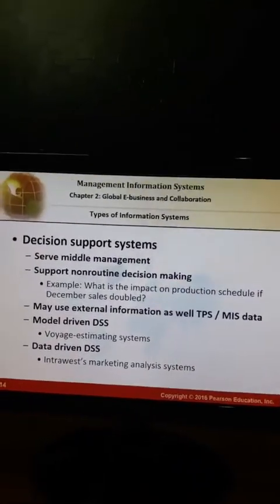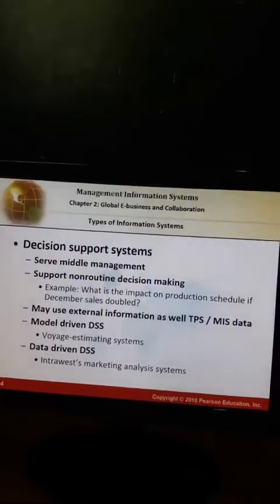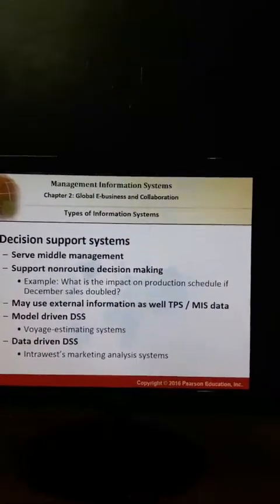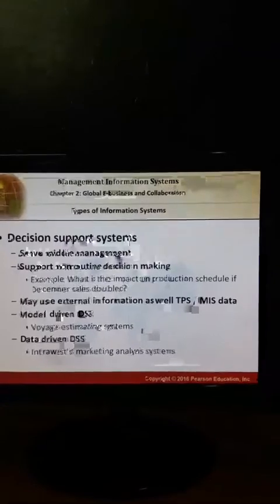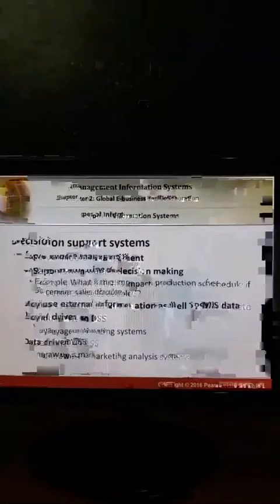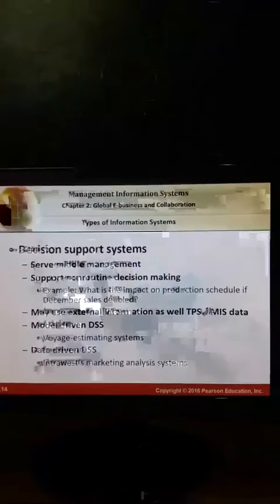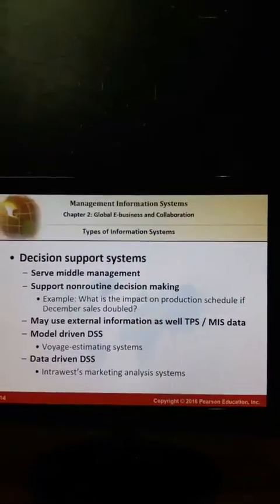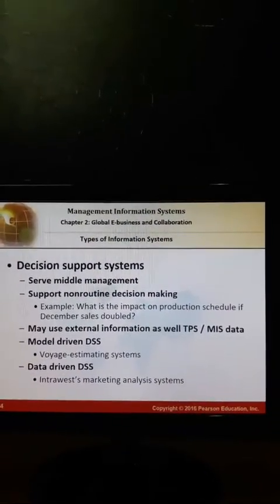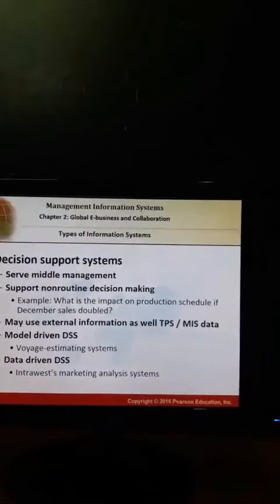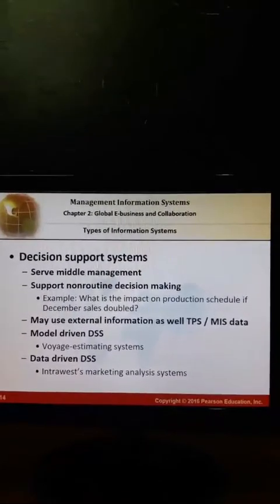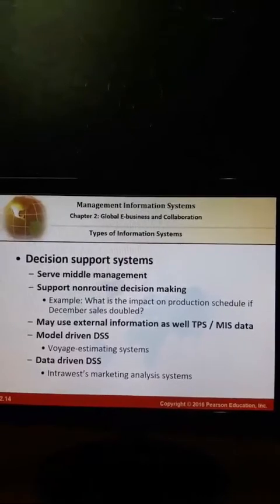decision support system. This is also served by these mid-level managers. They are doing non-routine work. Their activities are unstructured, and in some cases semi-structured.